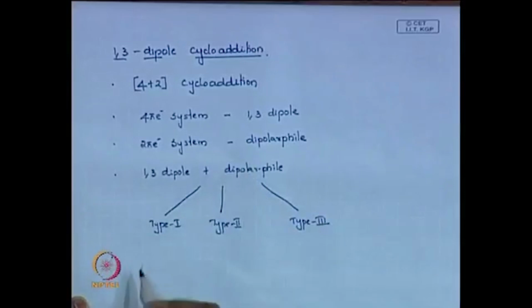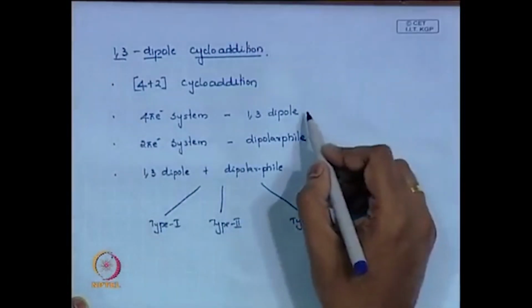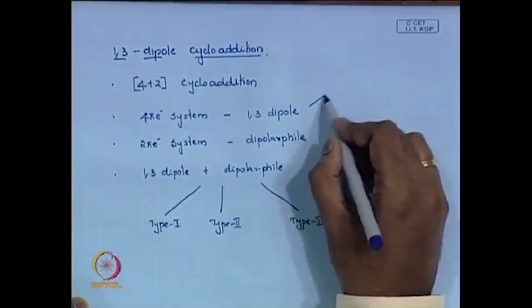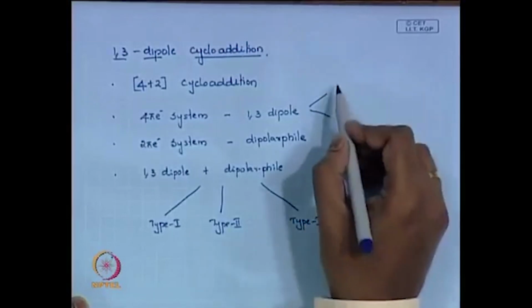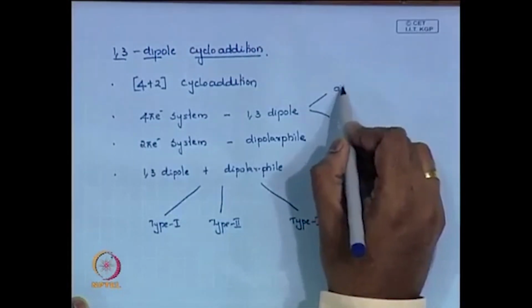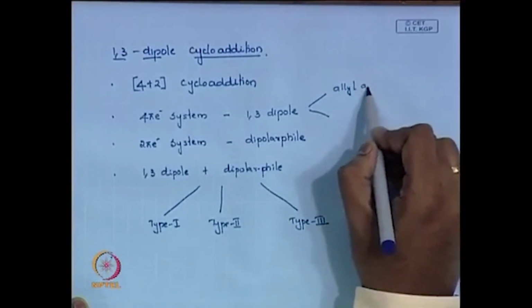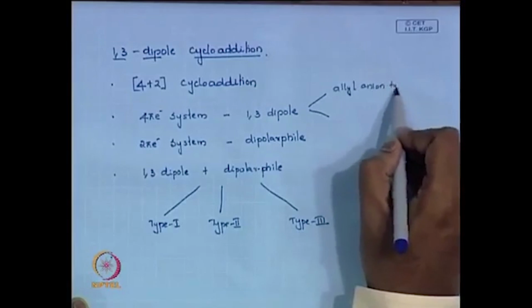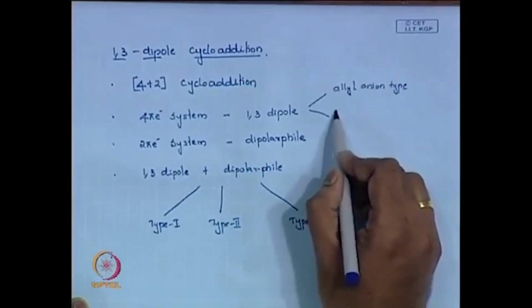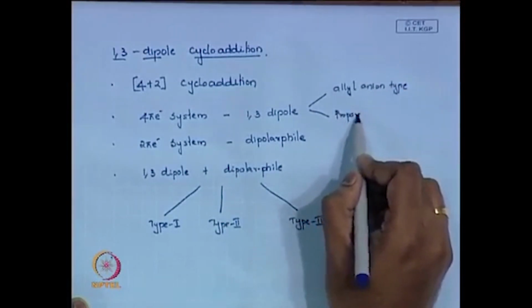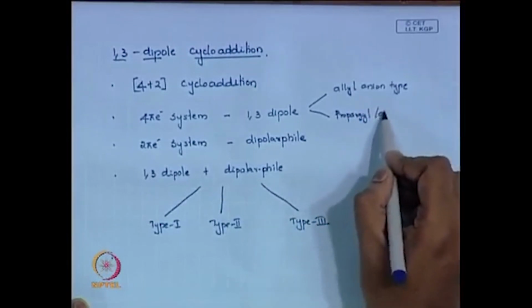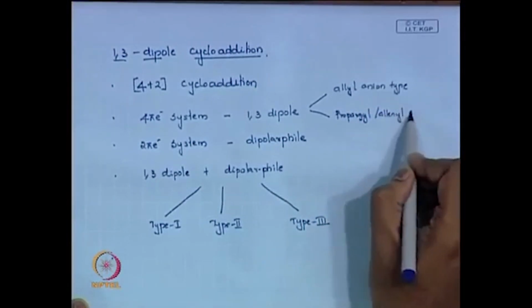And if you come back to your 1,3-dipole, your 1,3-dipole can be classified into 2 types, right. One, you have said that it can be allyl anion type, or it should be a propargyl or allenyl anion type.